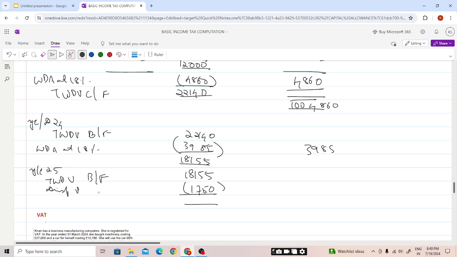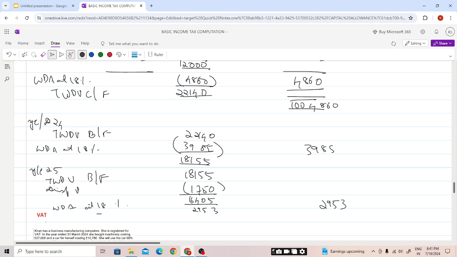So the remaining value on which WDA will be calculated is 16,405. So WDA at 18 percent will be 2,953.